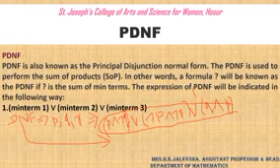Now the difference in PDNF. In this question, the number of variables I have given is three. So for PDNF, if, as in the previous line, we get only two variables in each bracket, that is, min terms with only two variables, it is not accepted in the principal disjunctive normal form.